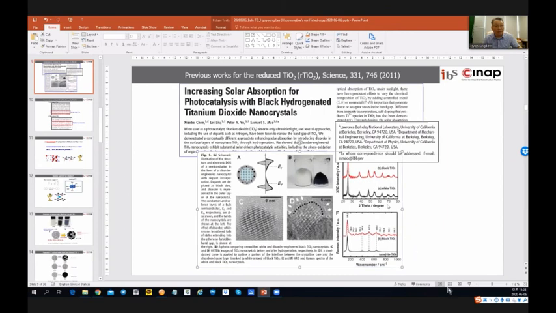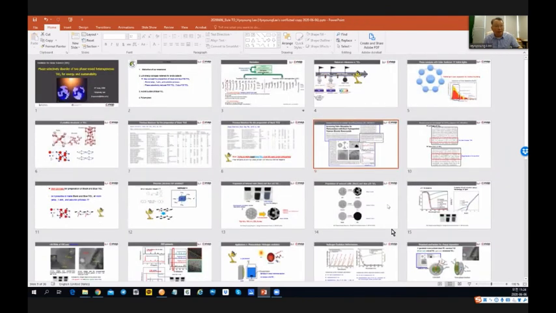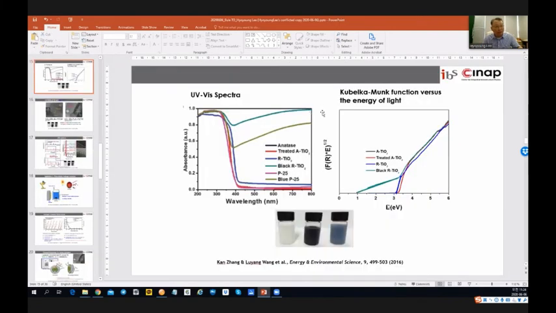But eventually, the efficiency of the black TiO2 is not higher than blue TiO2, not higher than white TiO2, because, as you mentioned, the charge recombination happened.